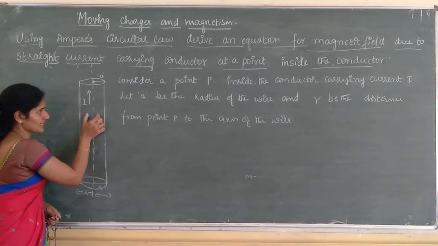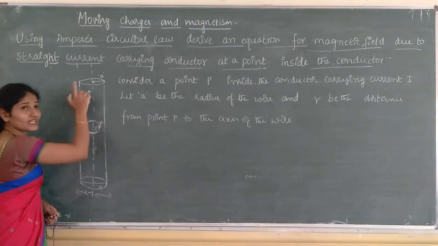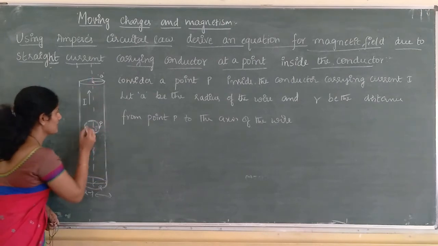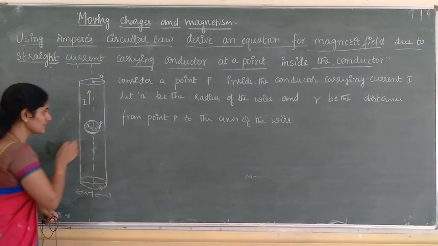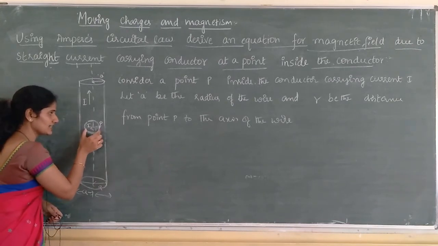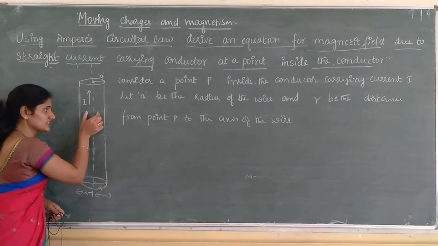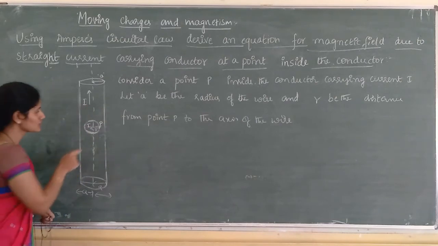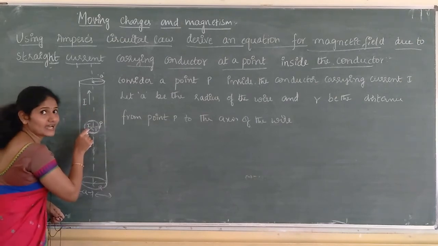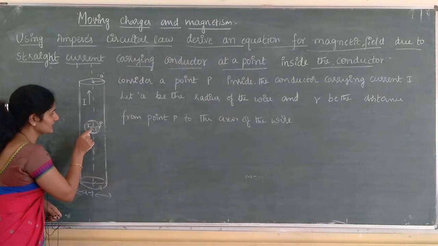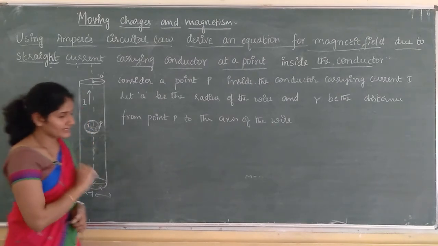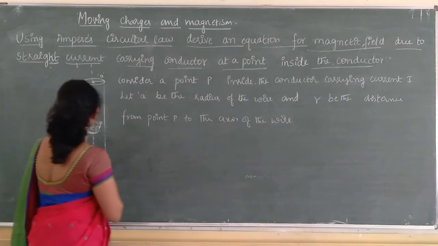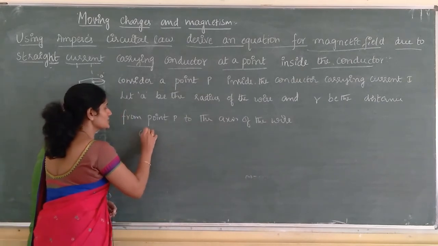This current is different from this current. I is the total current flowing through this conductor, but I will denote the enclosed current as Ie. So, Ie is the current passing through this curve. We need this current Ie because this Ie is not equal to this I. Let us find out the circumference of the circle.